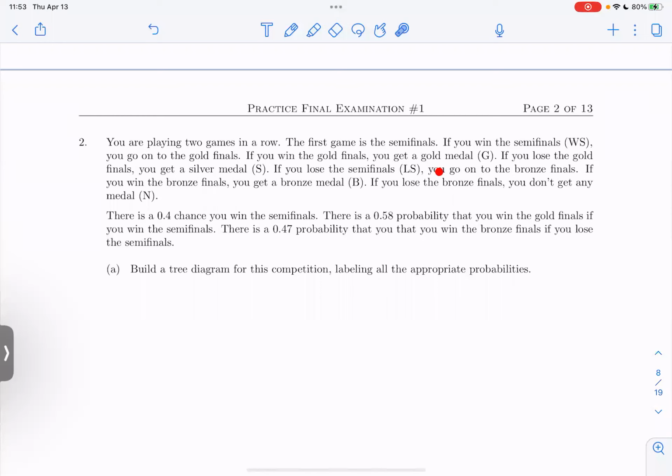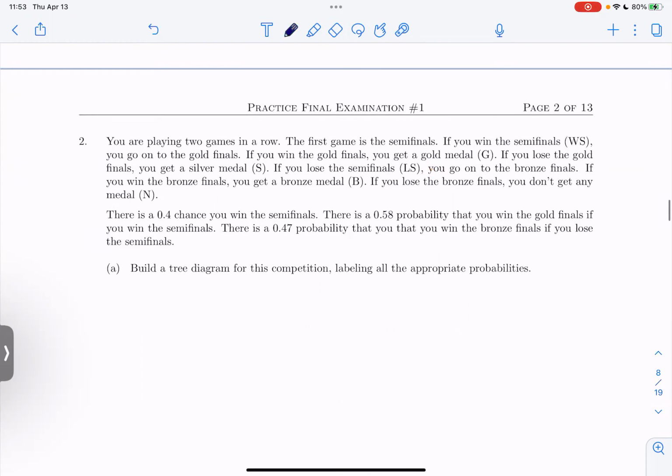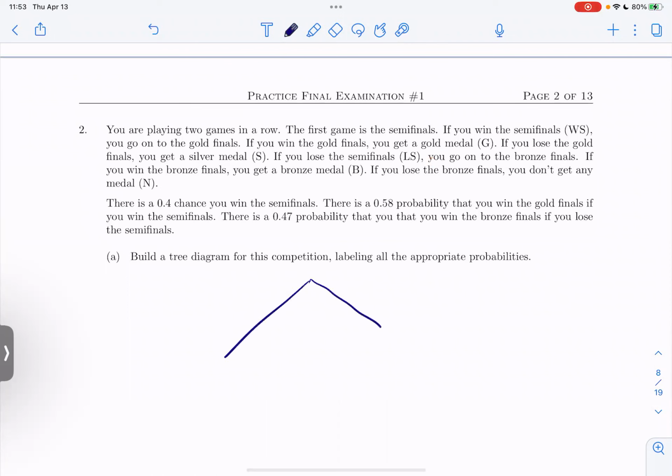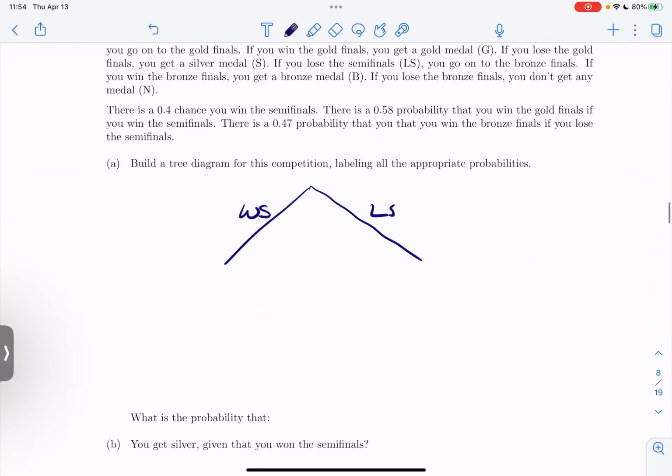I mean, this is all true and we can all get on board with this, but man, oh man, how do we draw it, right? And so first branch is gonna be the semifinals, right? You either win or you lose. I guess they have W and L. And then you can either win or lose, but notice how this is only 2 and 2.